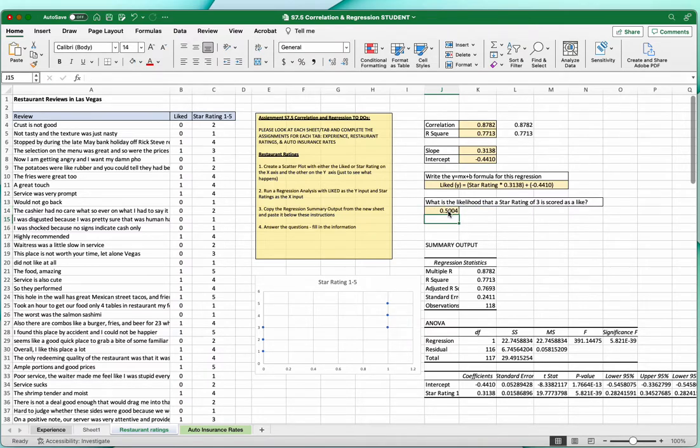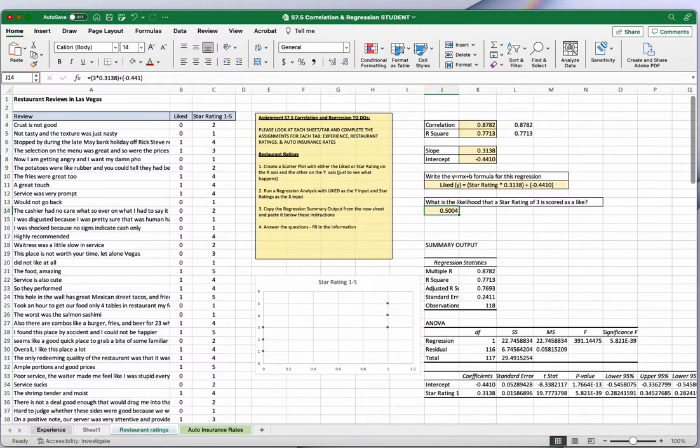The likelihood is 0.5004, or roughly 50%. So roughly 50% of the time someone who scored it as a 3 actually liked it, and maybe 50% of the time people who scored it as a 3 didn't like it. So where does 3 sit, as a like or a dislike?